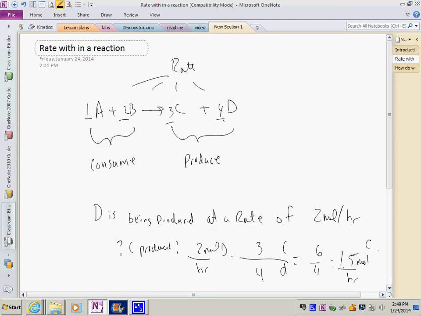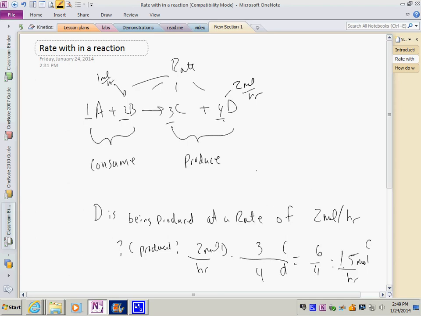If I were to talk about B, I would say, okay, well, same problem. How much is B being consumed? Well, you should note that if you're producing this at 2 moles per hour, then you should be consuming this at a 4:2 ratio at 1 mole per hour.